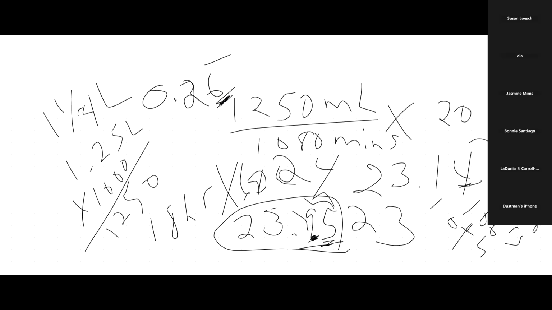So this number is going to dictate that, this number is going to dictate that, and this number is going to dictate that. If you don't have a number next to the number that you're rounding, then you have to leave the number the same. And if your number is 23.95, since the 5 has to round the 9 up, that changes it to 24. That's the only way it can go.